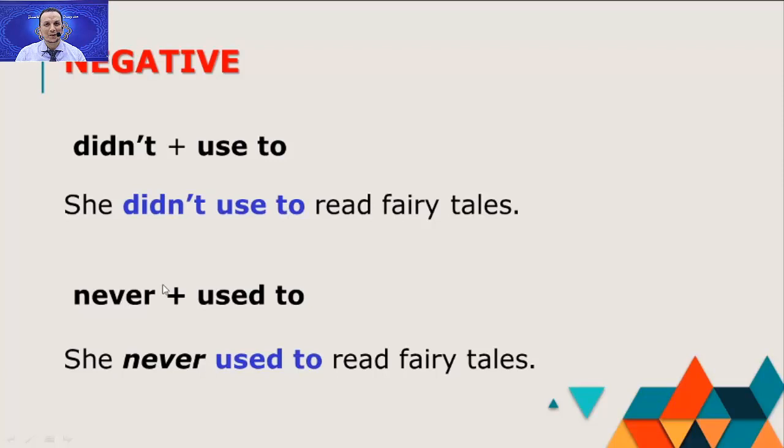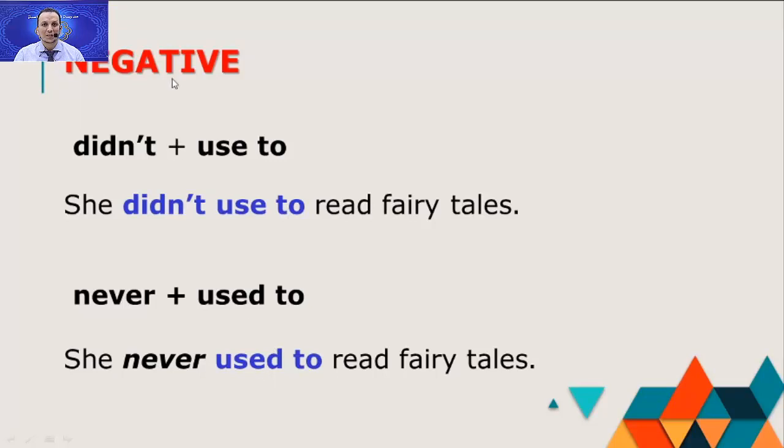The second form of the negative of used to is never used to. It is the most common one we use in our daily English speaking. She never used to read fairy tales. We use it commonly in everyday speaking.